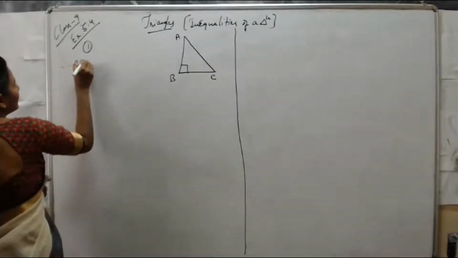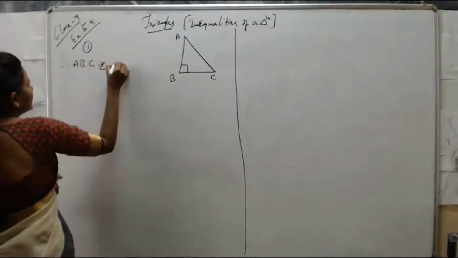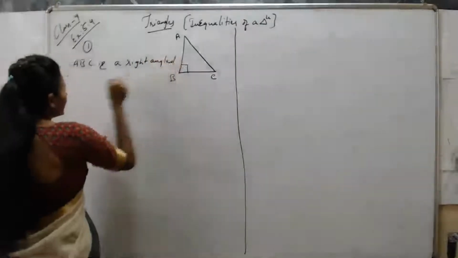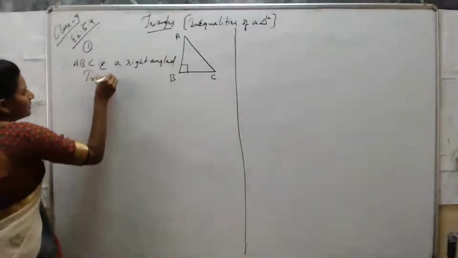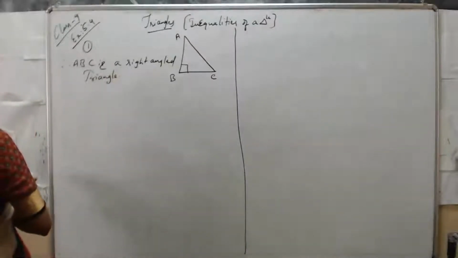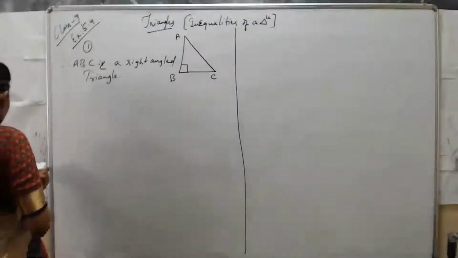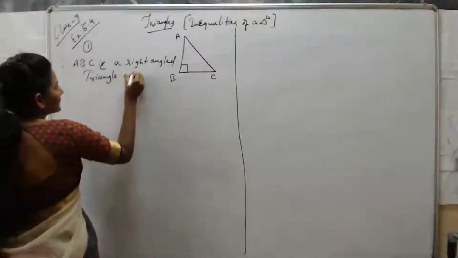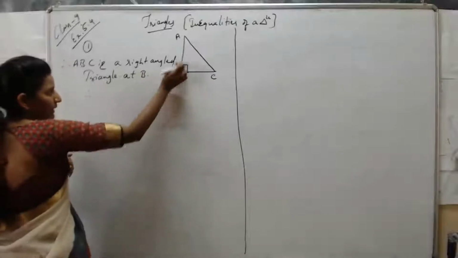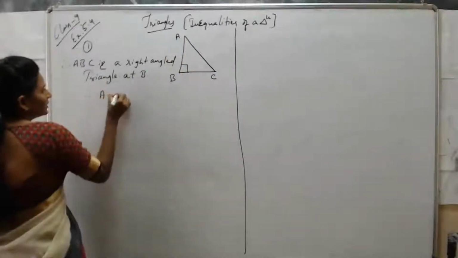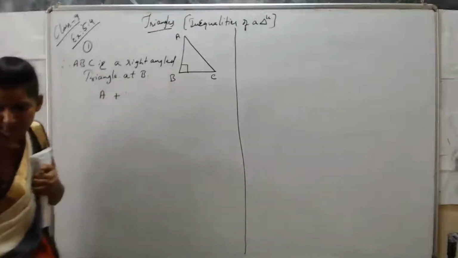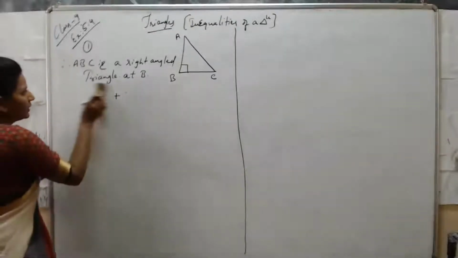Given that ABC is a right angle triangle such that angle B is 90 degrees.